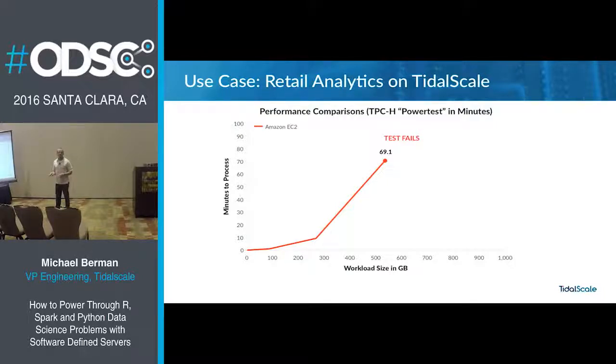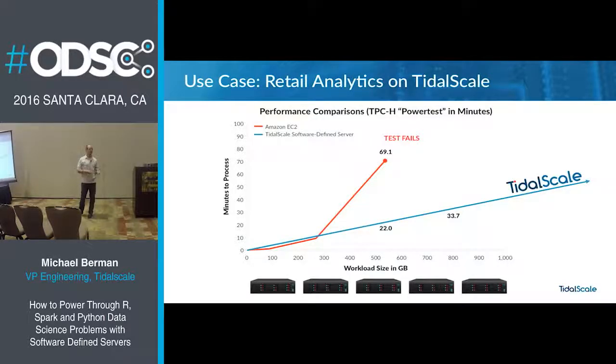You can run on an EC2 3.8x large system, decent size. You get out to about 500 gig, that's your best. After that, it doesn't work. It takes too long. You don't have the patience for it, trust me. So what happens? You run it on TidalScale instead. The key here is you just scale out underneath the hood.